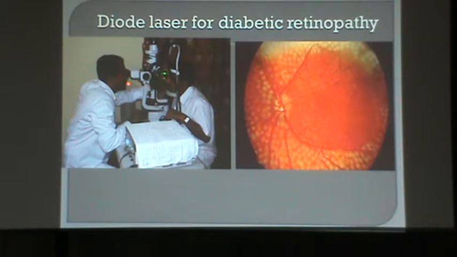So this diabetic retinopathy is treated with diode laser. These are the laser spots actually. This will treat all the diseased retina so that the rest is retained for functioning.